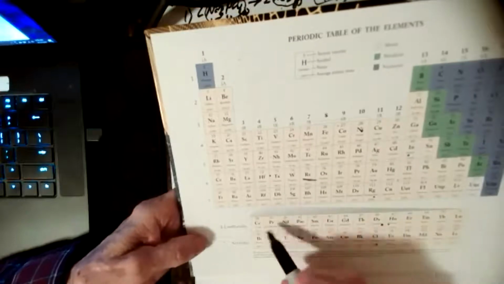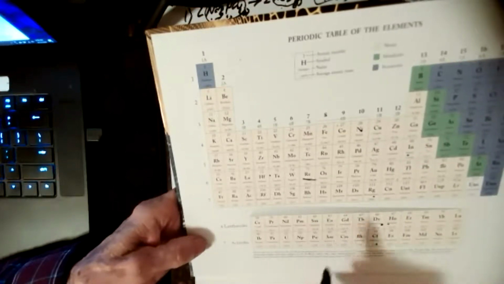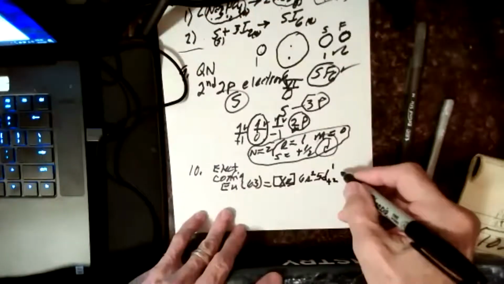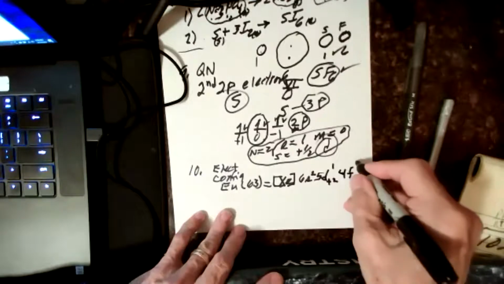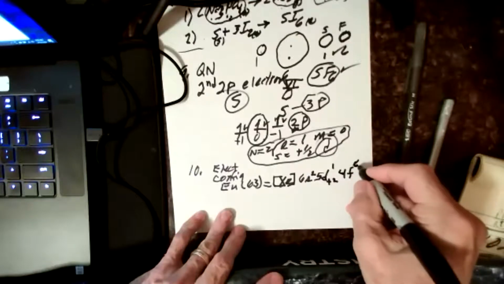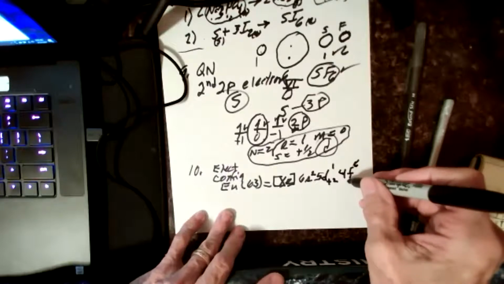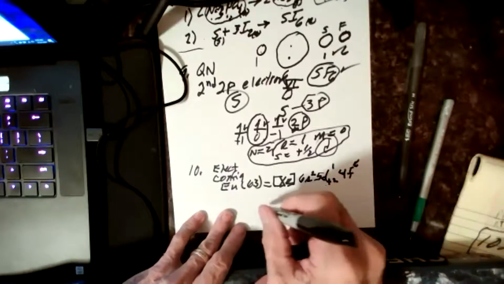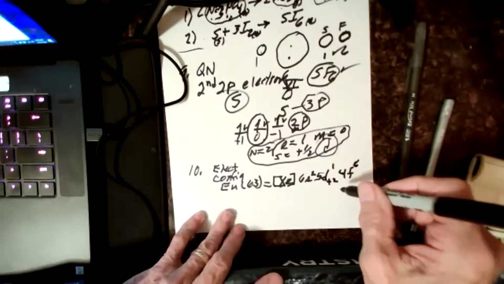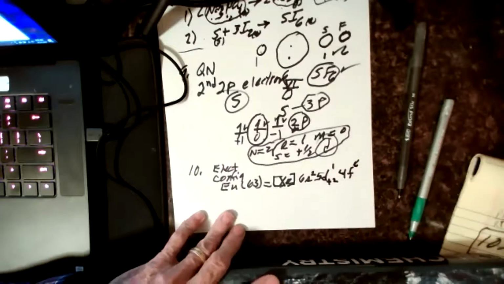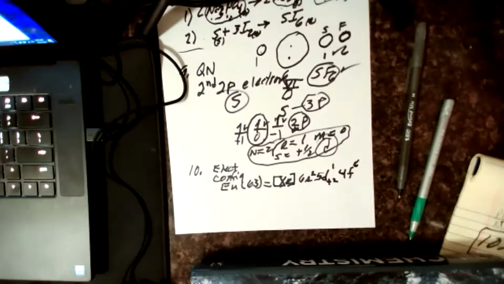Now that's 4F, and we're going over to europium: 1, 2, 3, 4, 5, 6. So it's going to be a 4F with 6 in it. Technically, I would need to break these 6 up to where they go, but there are 7 of the orbitals, and the first 6 of them will have 1 electron in each if we needed to do that. I'm seeing on this that the F levels are not broken up.